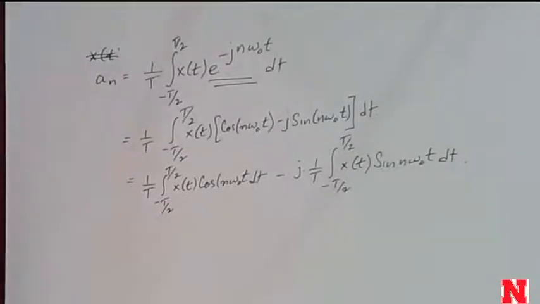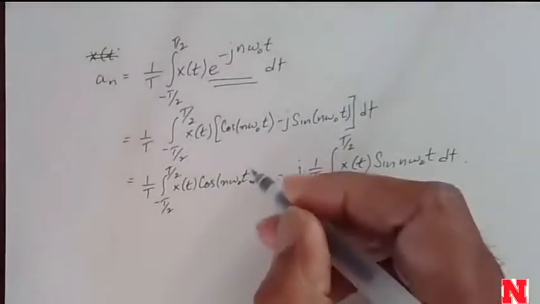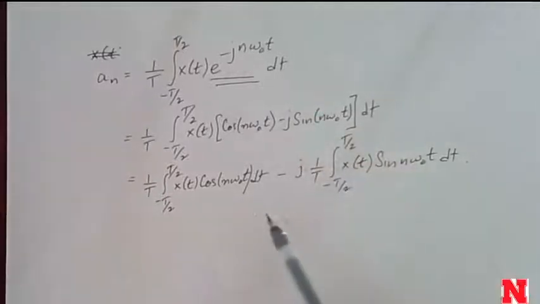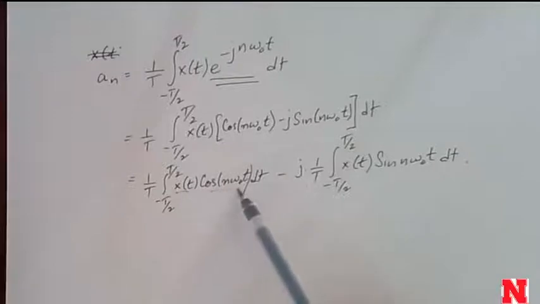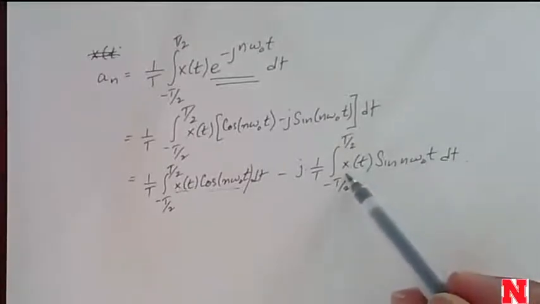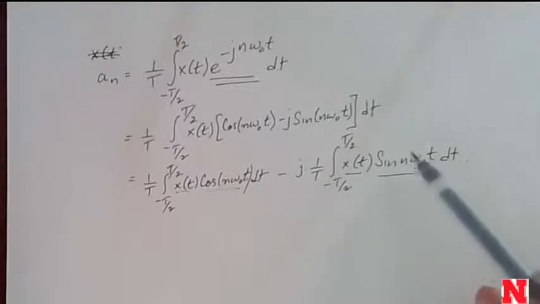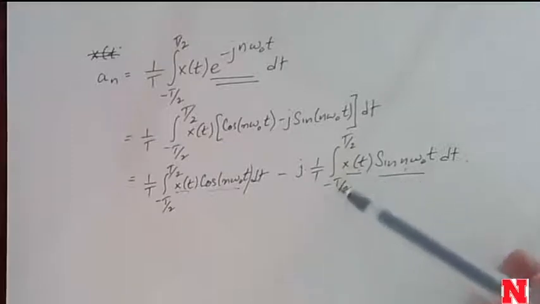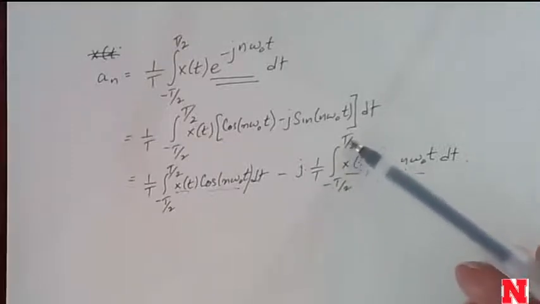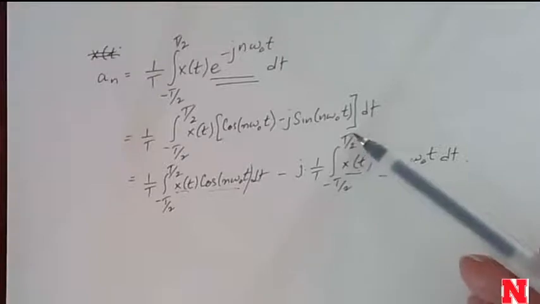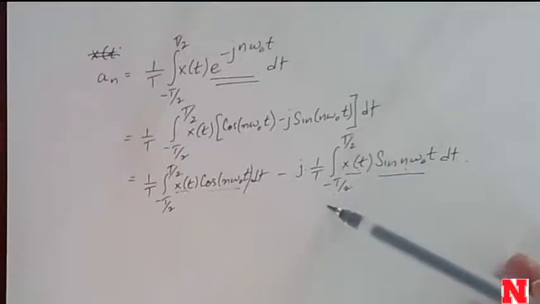Right. Now let's take a look at what happens when x of t is even. When x of t is even, then this function is even, and this function is even, and so this product is an even function, right? However, here, this function is even, and this is odd, right? So an even times an odd function gives you an odd function, and if I take any odd function and integrate it over a symmetric interval, then I get 0, right?